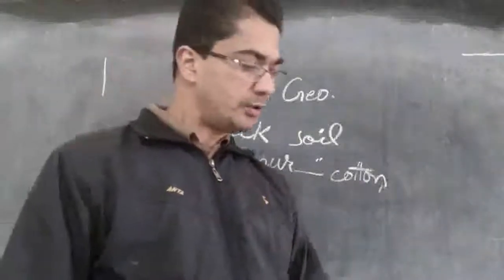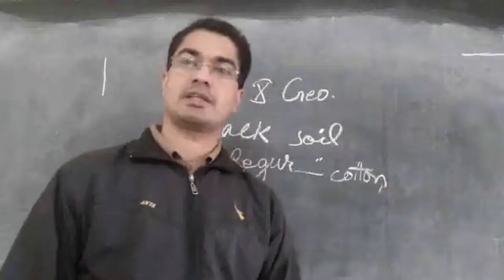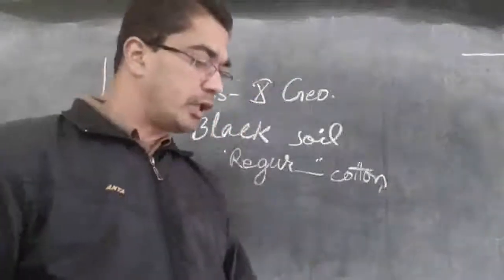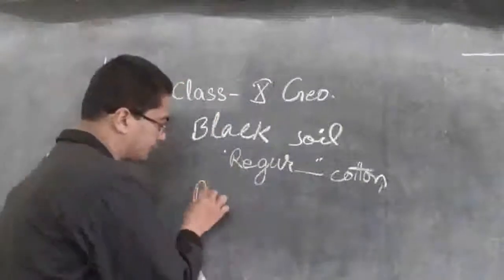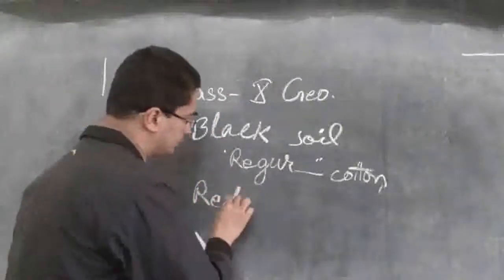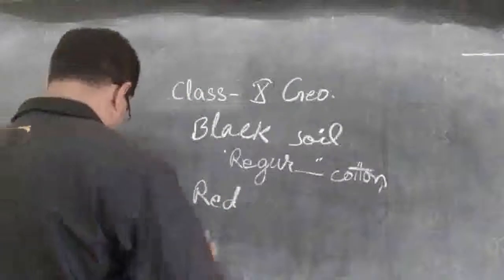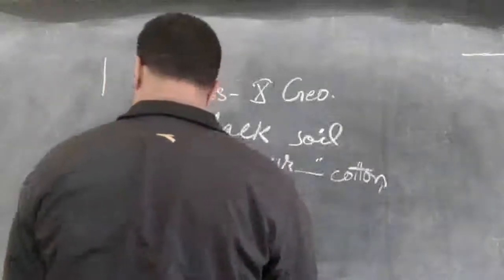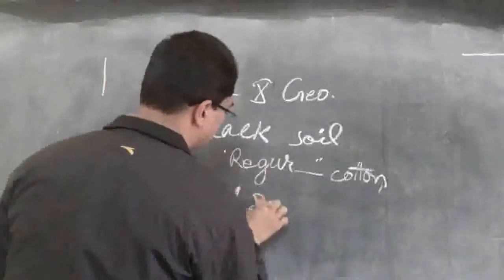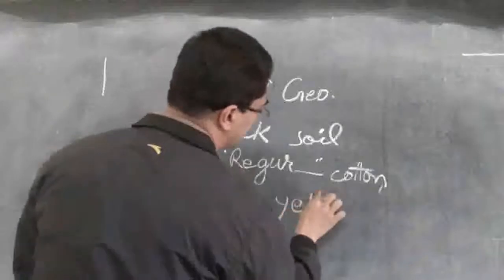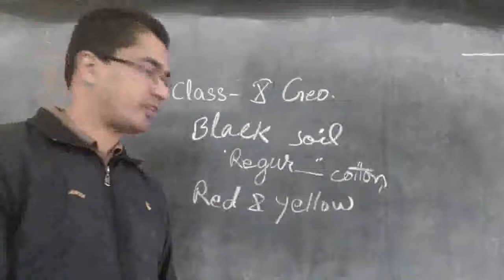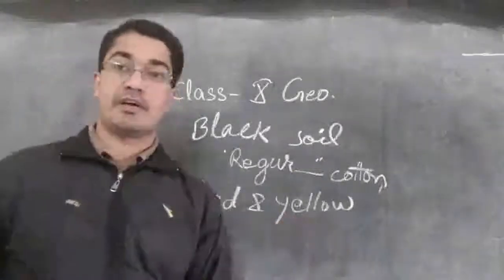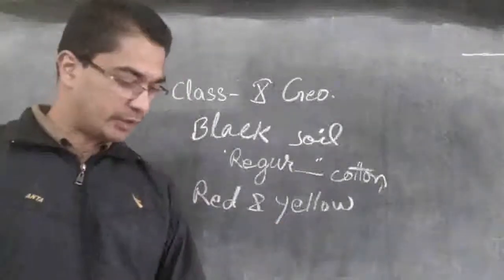Then there is another type of soil. The next type of soil is red and yellow soils. That also we can make out from the color, red soil or yellow soil.